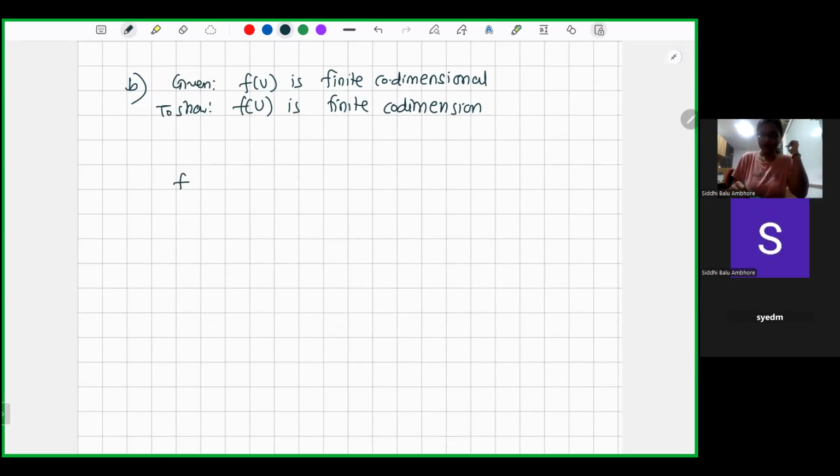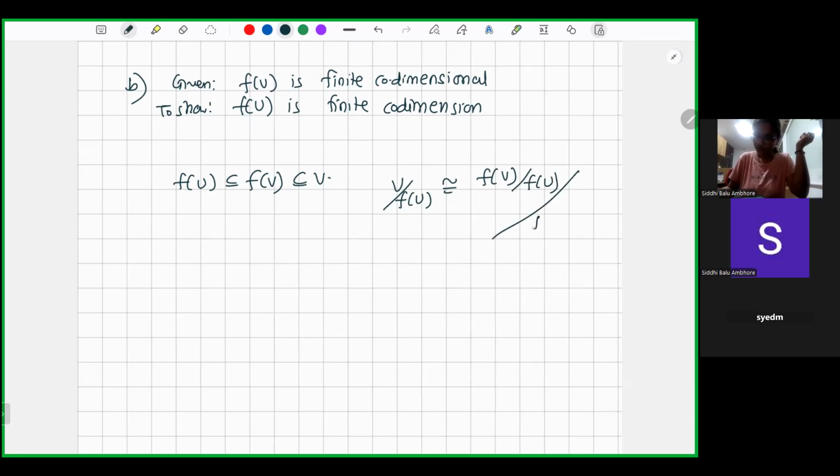Now we have f of U contained in f of V contained in V. So, using the same thing we did in the earlier one, we know that this will be isomorphic to the quotient. I hope that is right.